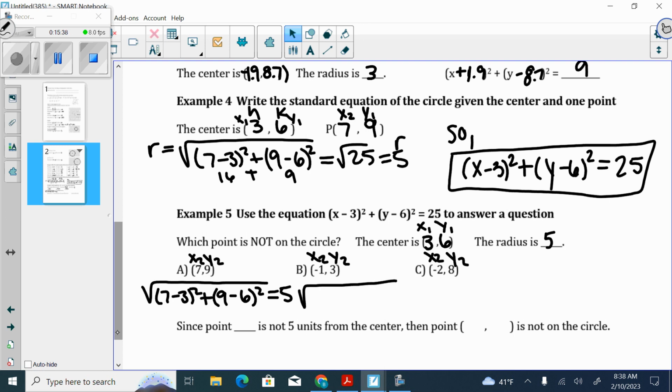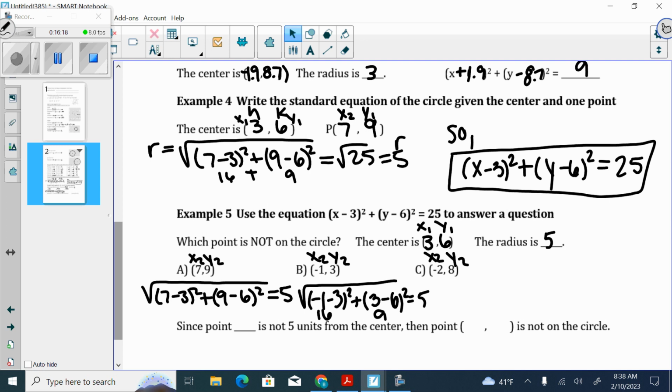So for this one, my x2 is negative 1 minus my x1 which is 3, squared, plus my y2 minus y1 squared. So what is negative 1 minus 3? Negative 4. And what's negative 4 squared? Positive 16. Okay. And what's 3 minus 6? Negative 3. And negative 3 squared? 9. And 16 plus 9, again, is 25. And the square root of 25 is 5.